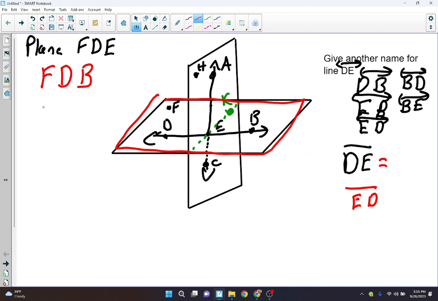Very important, there's one combination that doesn't work. I'm just going to give you like FE or FEB. There's a bunch of them, and I could rearrange all the letters. But something that doesn't work is DEB or any combo of those letters.